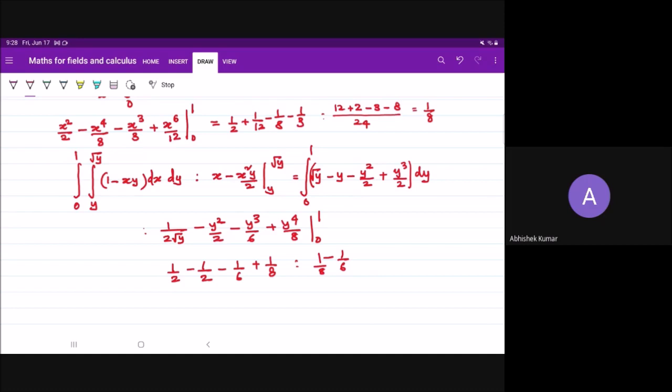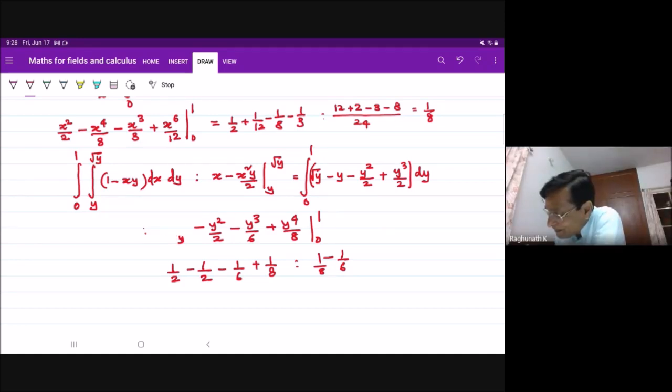Integration of root y will be y to the power of 3 by 2 into 2 by 3. Keep quiet then. Y power 3 by 2 into 2 by 3. So it is 2 by 3. Same, is it same? Check it.